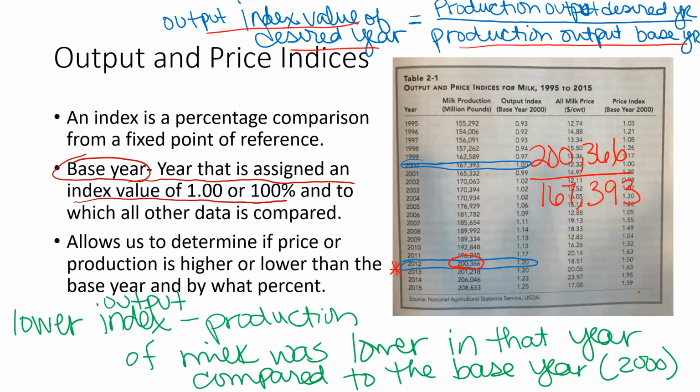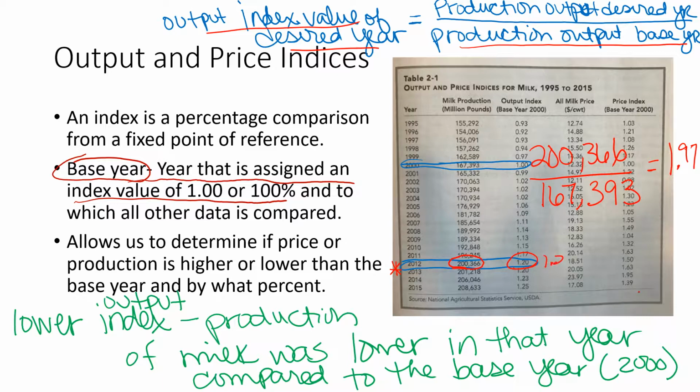So if I take my calculator and divide that, 200,366 divided by 167,393, I get 1.969. So I'm going to say 1.97.